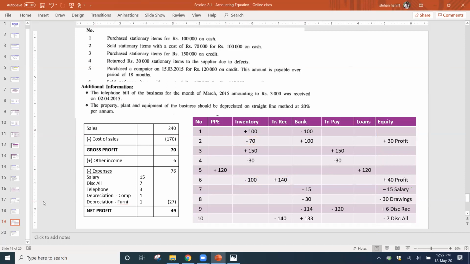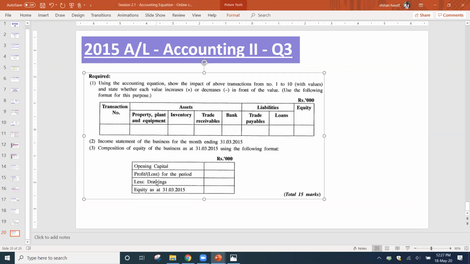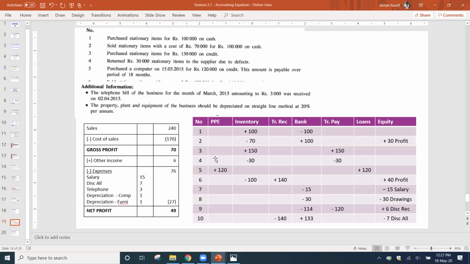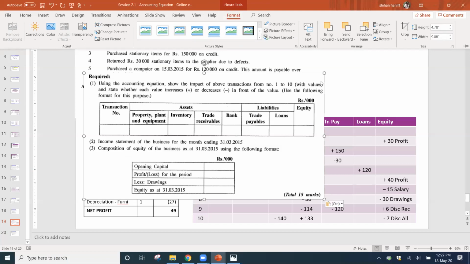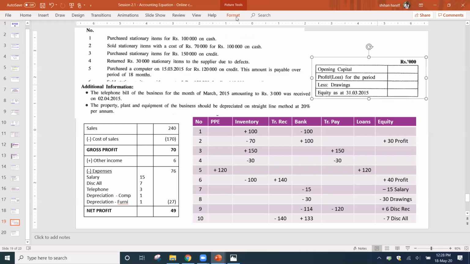Then finally they are asking capital, this one. Opening capital, profit or loss, less borrowings.